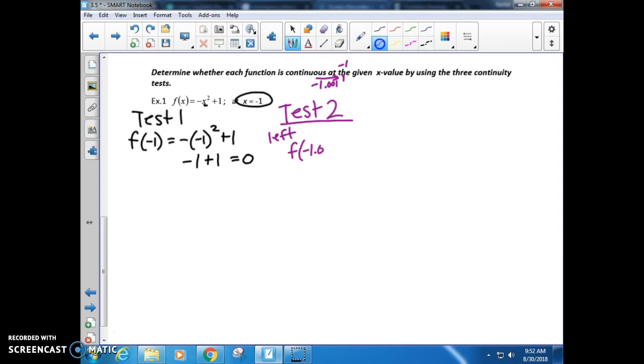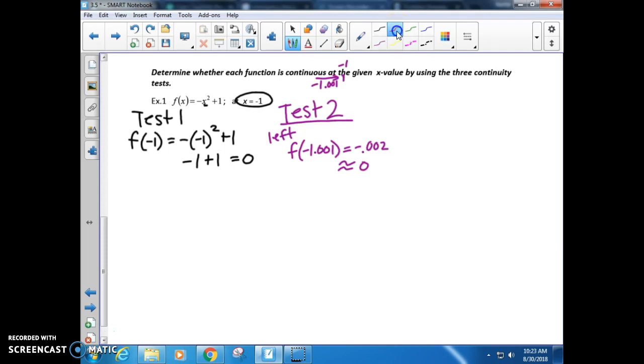So -1.001. If I plug that in, if I type that in, I get something like -0.002, which is basically 0. So I'm going to say approximately 0. So we get 0.